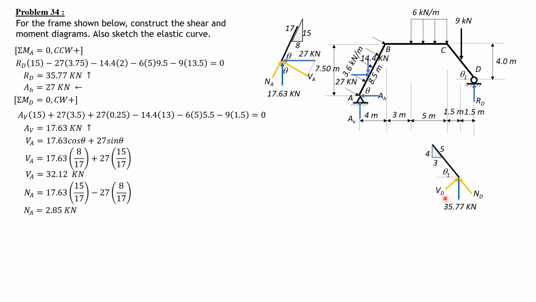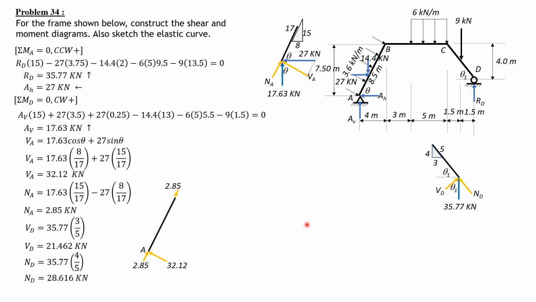So the perpendicular to CD, or the shear force, is 35.77 times cosine of theta 1, which is 3/5. So shear at D is 21.462 kilonewtons, while the normal is 35.77 sine of theta 1, which is 4/5. So ND is 28.616 kilonewtons.